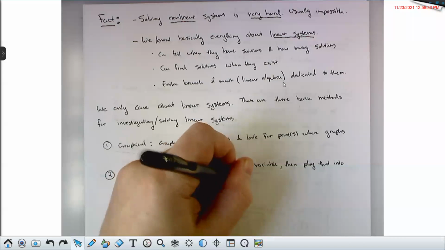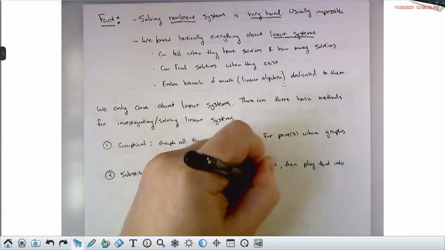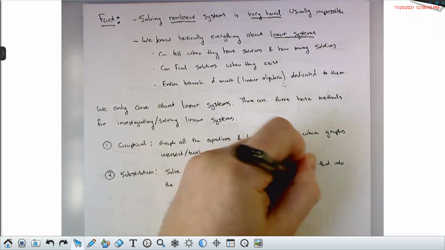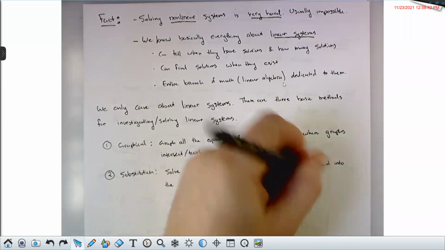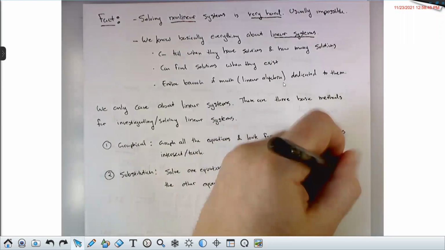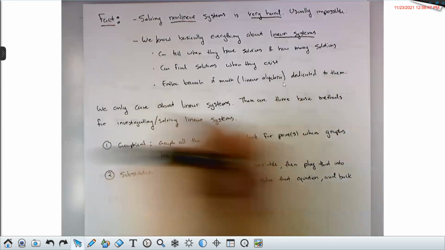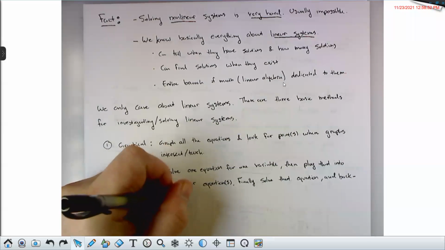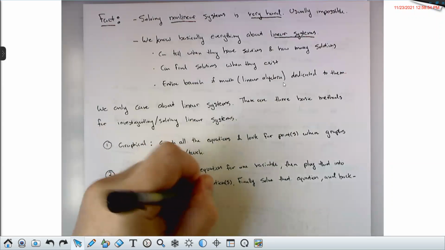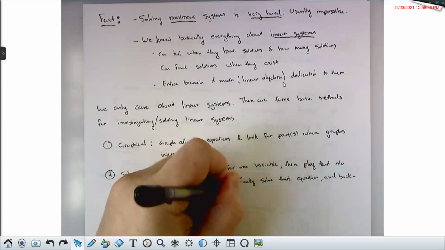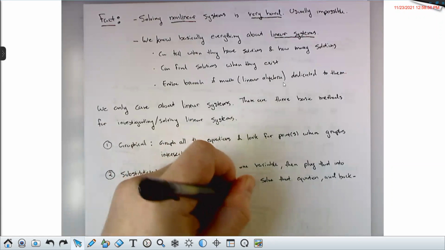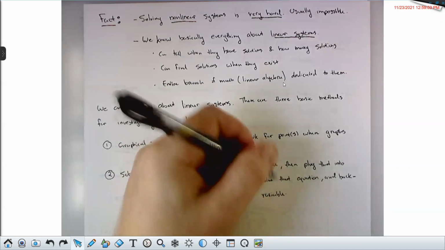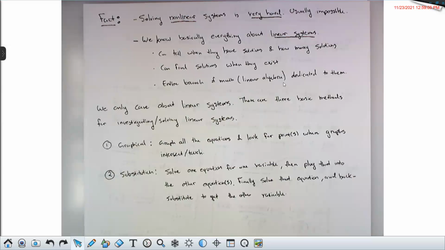Finally, you solve that equation and back substitute to get the other variable. And just for fun, I will work one problem today through substitution.